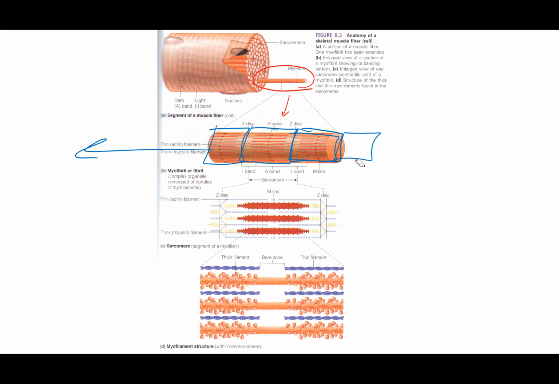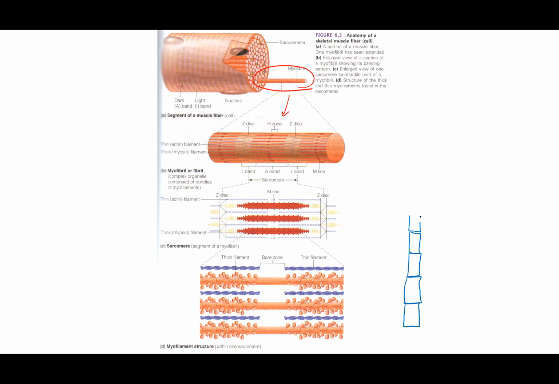Now, one way you can visualize this is like a Coke can. If you take a Coke can and put it right there, then you stack up another one, and you stack another one, and you just keep stacking them. Each Coke can would represent a sarcomere.